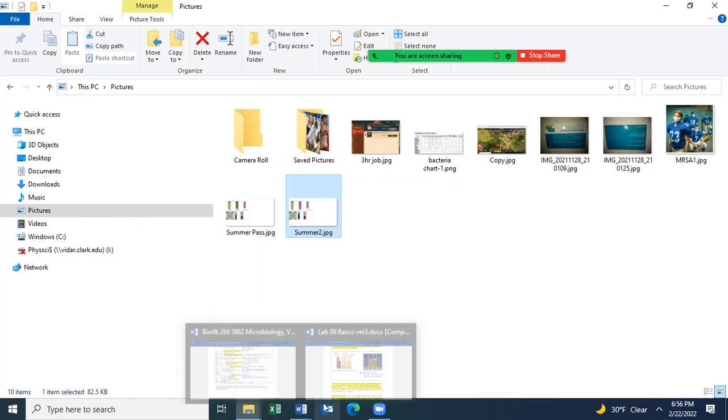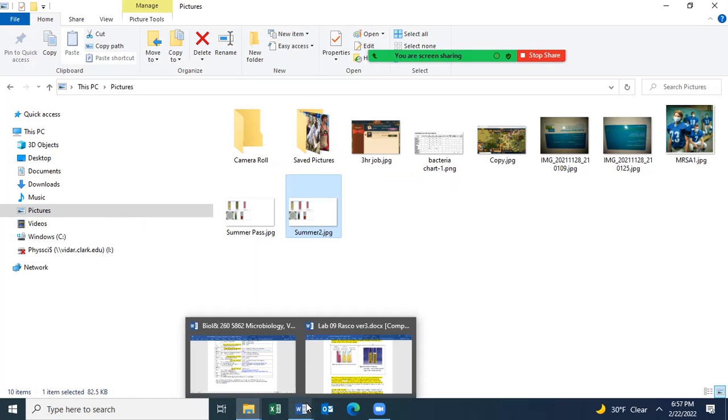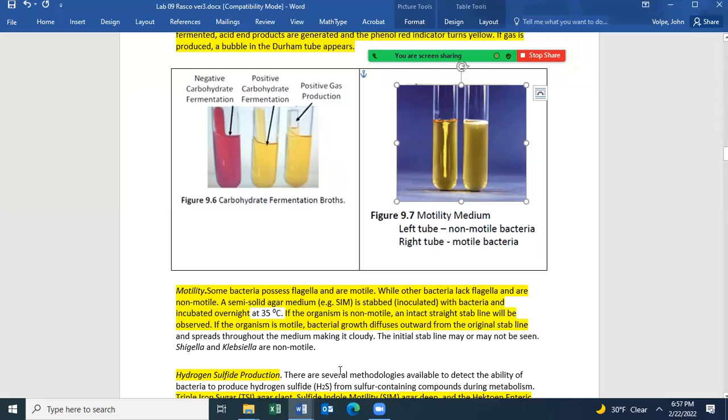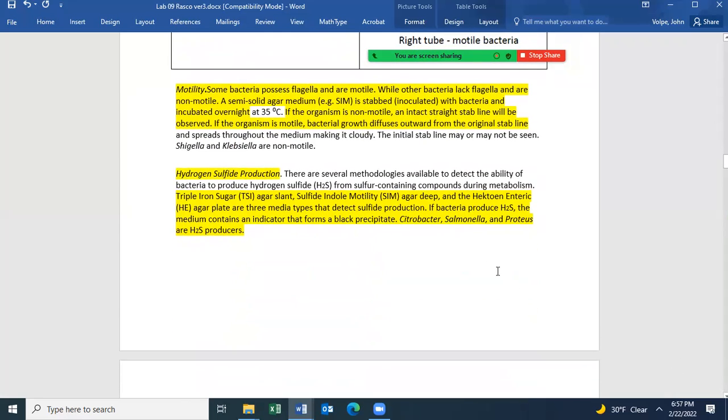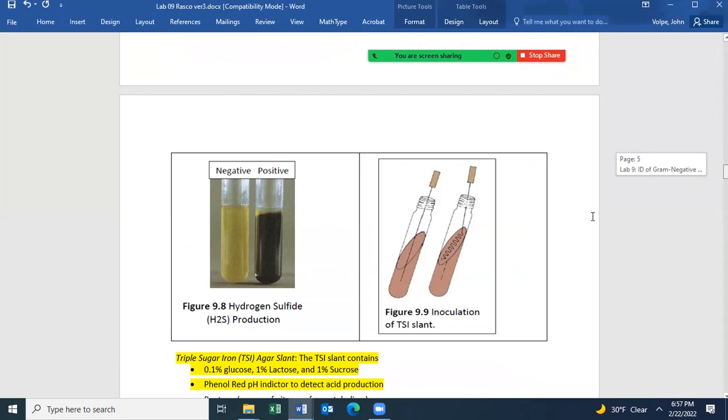All right, let me go back to where I was. All right, the hydrogen sulfide production test. In the presence of hydrogen sulfide, which is made by a bacteria, the reagents will turn black and you'll see a dark color.